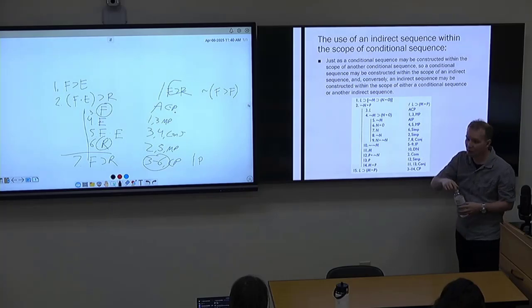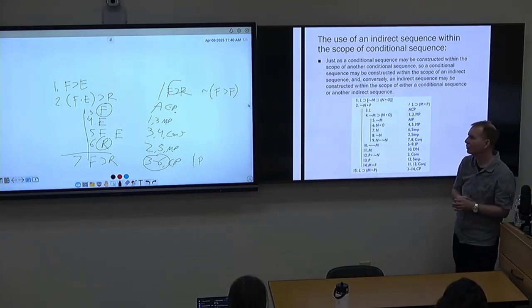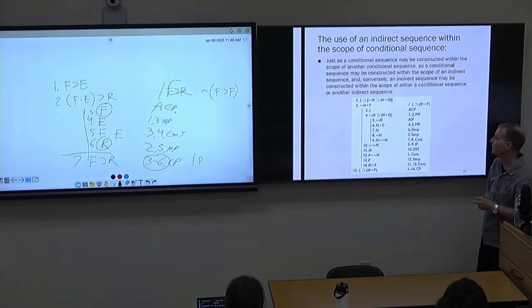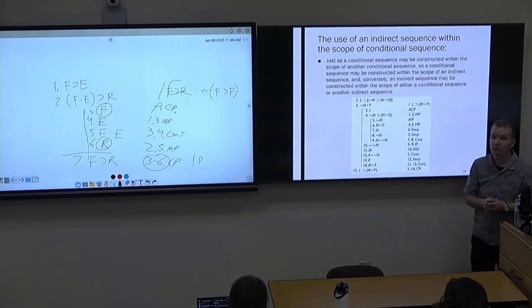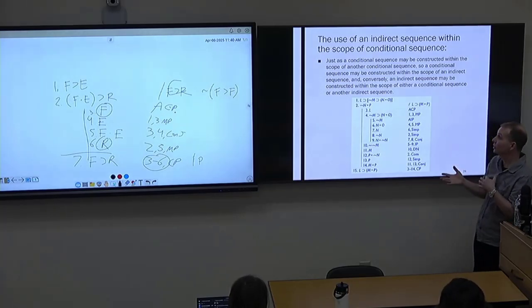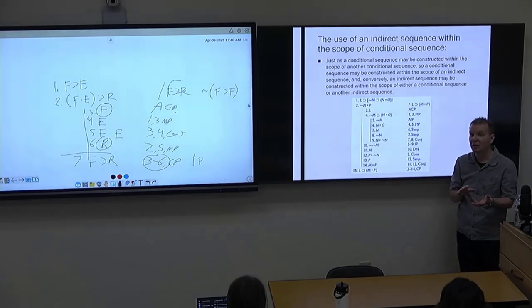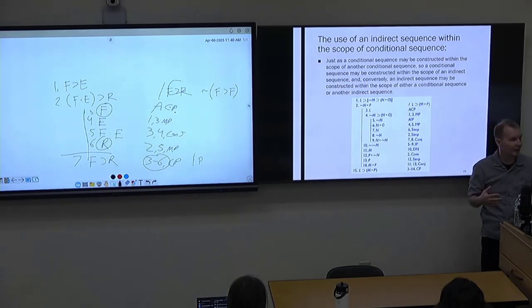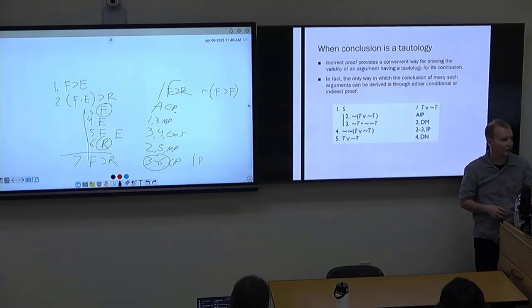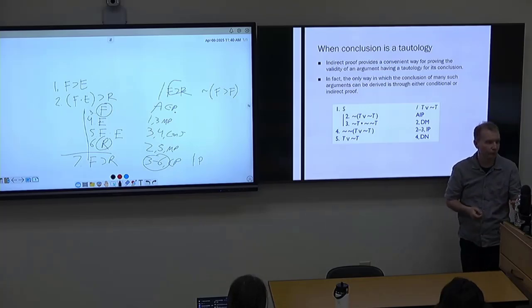Sometimes you don't need that. You could even write the proof without any of these conditional or indirect sequences, but then the proof would be much longer. And they have this actually shown in the book, back to back, there are some arguments which become very much longer.